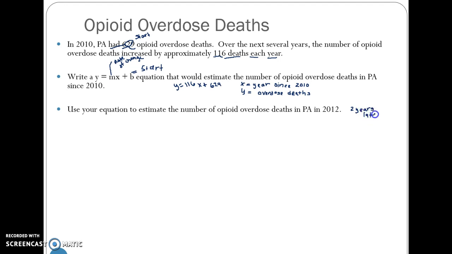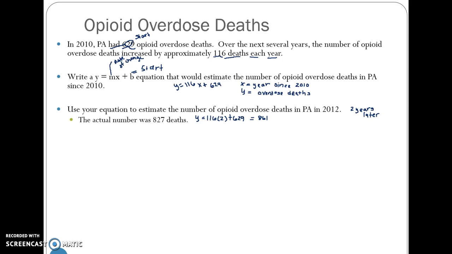And so when I look back at my equation, my x stood for the years, and so when I go to do this problem, I'm going to have y equals 116 times 2, because this is 2 years later, plus that starting amount of 629. And so I go to my calculator, type all of that in, and I get that this equals 861 deaths. So my equation would predict that 2012 had 861 opioid overdose deaths here in PA.